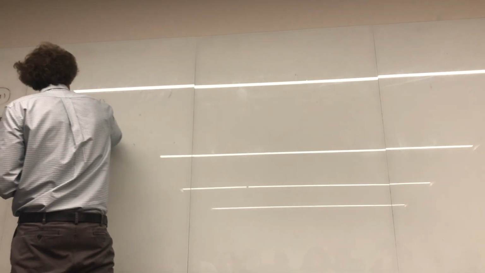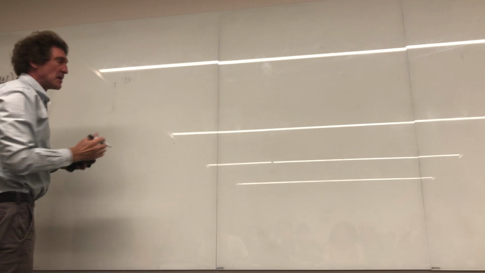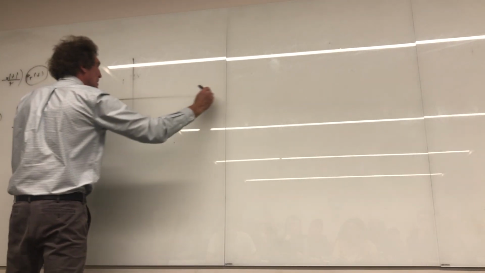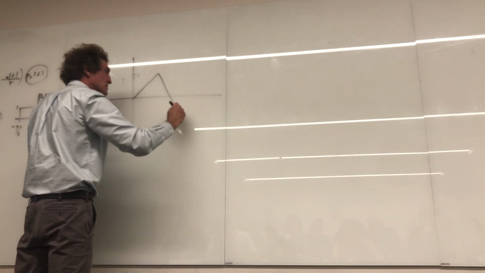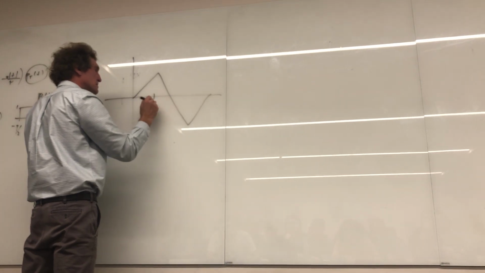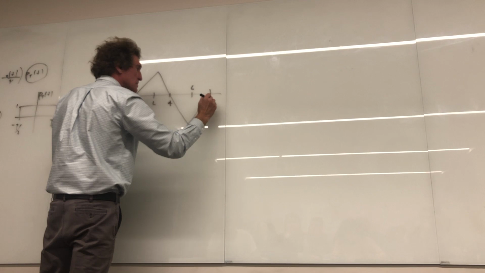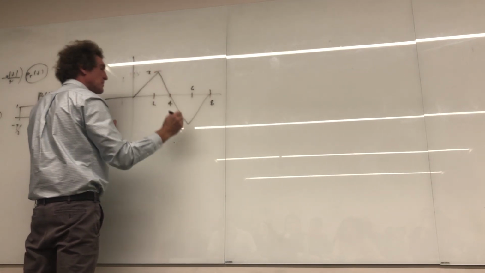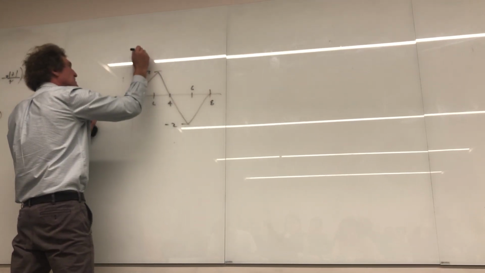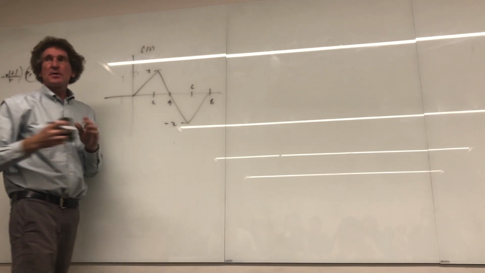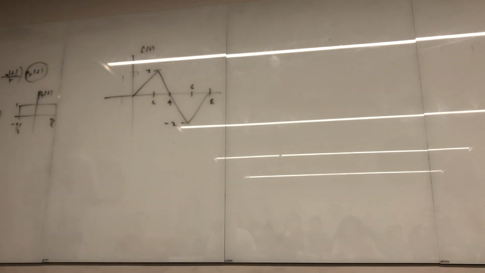So now, I want to see how you describe this. Height 2, and this is my f of t. How are you going to describe that? There are probably several ways. Anybody? Somebody could say, well, it looks like a ramp function to start with, that's true, but what would be an easier way?